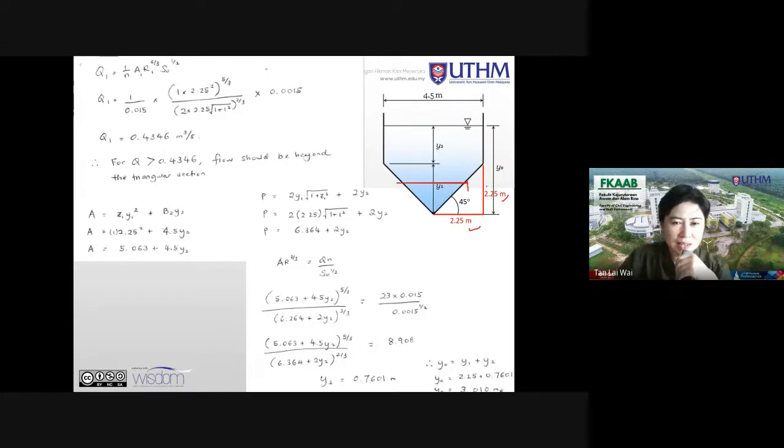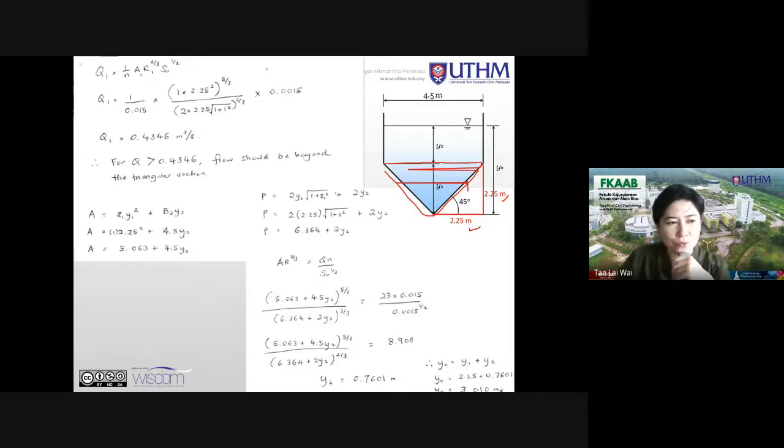Here's the thing. Sometimes the diagram gives you such a flow area. However, we don't know whether the depth of flow is just within the triangular section, this section here, or does it exceed the triangular section? But right now, if you look at this diagram, we will say yes, it will exceed.